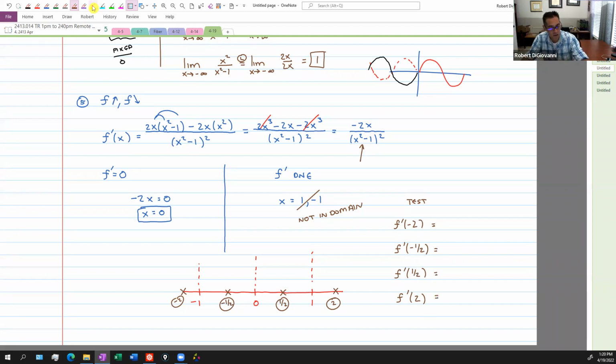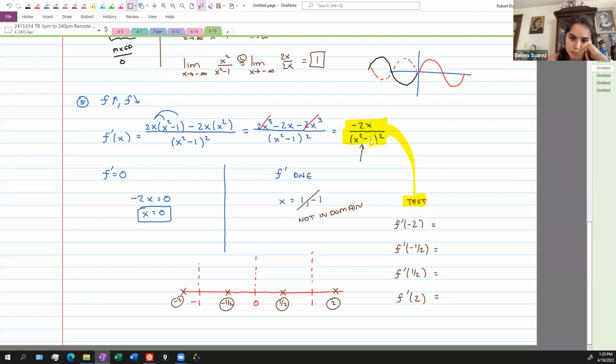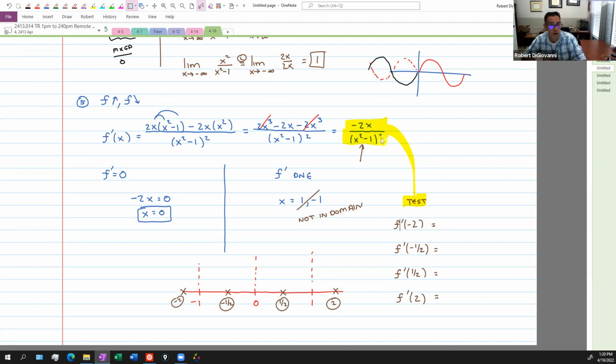So I'm going to go to this version of the derivative right here in yellow. That's what I'm going to be using to test. What can y'all tell me about the denominator of this derivative, no matter what? It cannot be 0, right? But because it's squared, won't the denominator always spit out a positive number? So all I really care about is what's happening in the numerator.